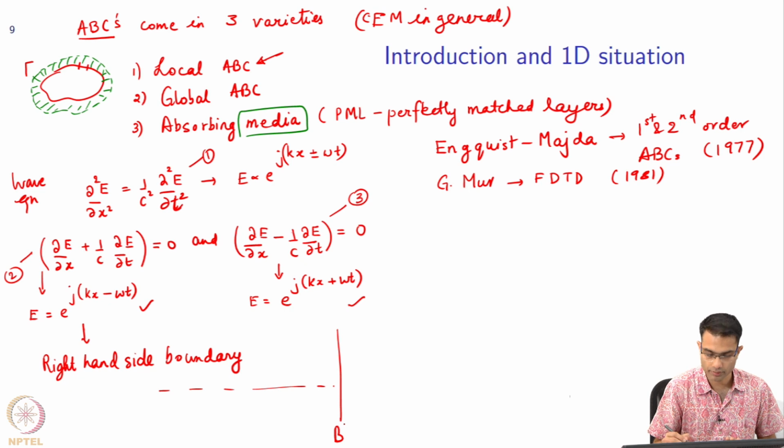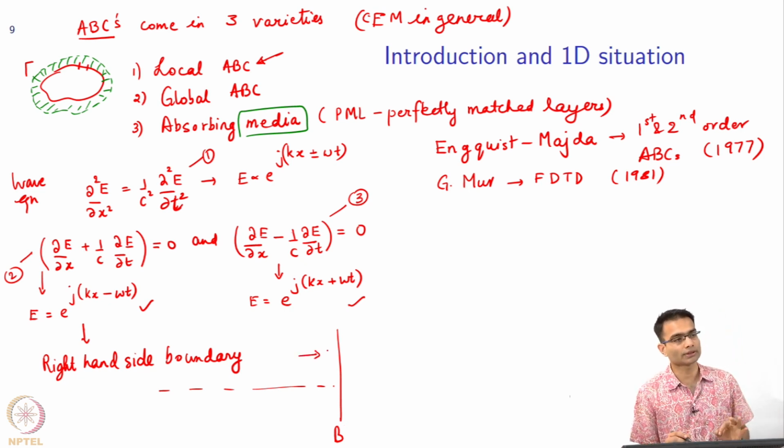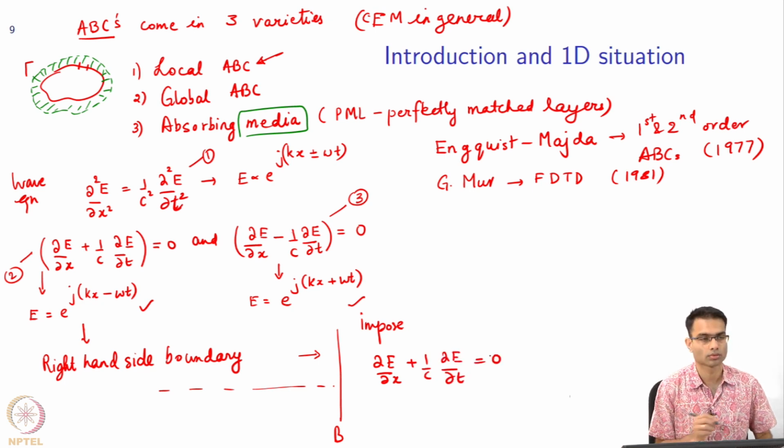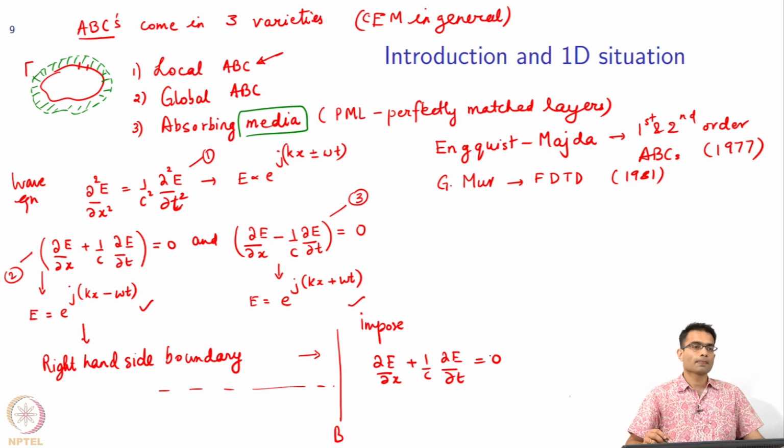Okay, so boundary, and a wave travels like this, and I impose this condition. If I impose this condition and there is actually only vacuum over there, then a right traveling wave, will it see any numerical reflection?